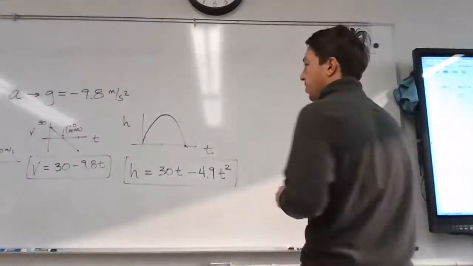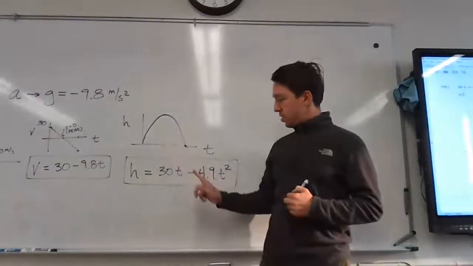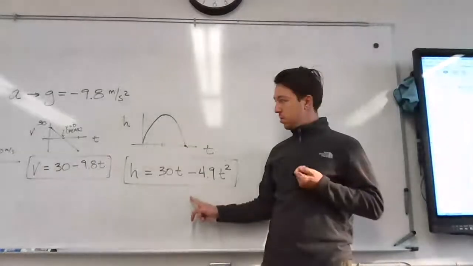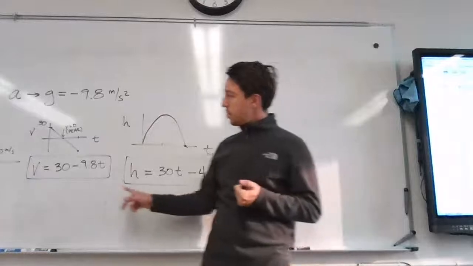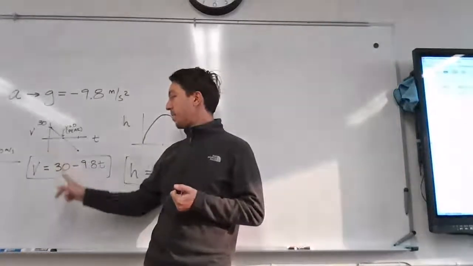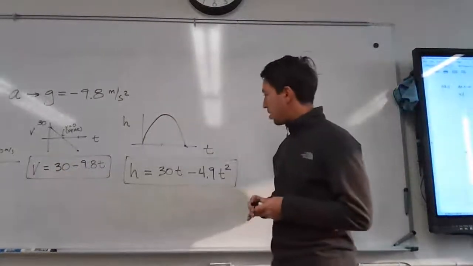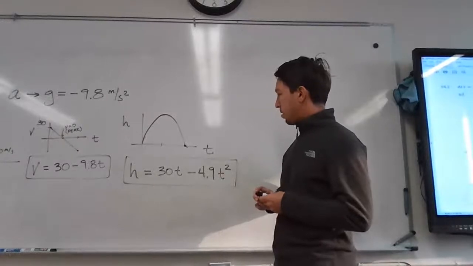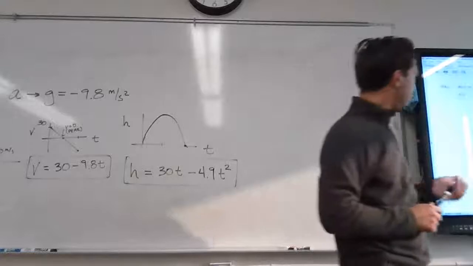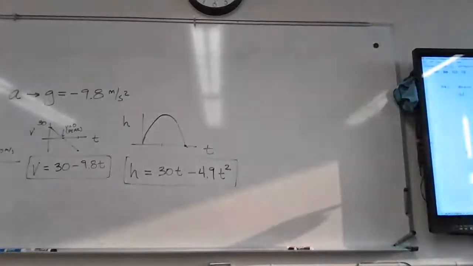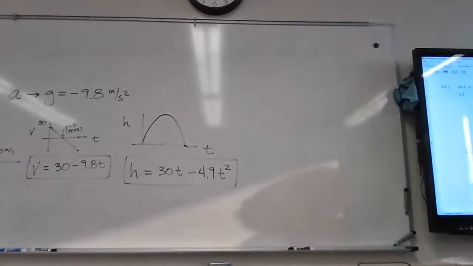So we got the position versus time graph, the position function. We got the velocity time graph, the velocity function. And so how do you answer question B?